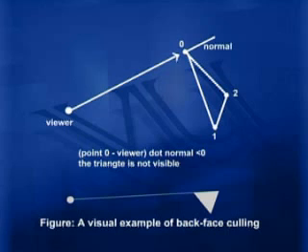The viewer is the point where the camera would be, the vector extends from that viewpoint to the vertex, and there is the normal to our triangle. If we perform a dot product of the two and that turns out to be greater than 0, we know it is in front of the plane. If it turns out to be less than 0, we know it is where?